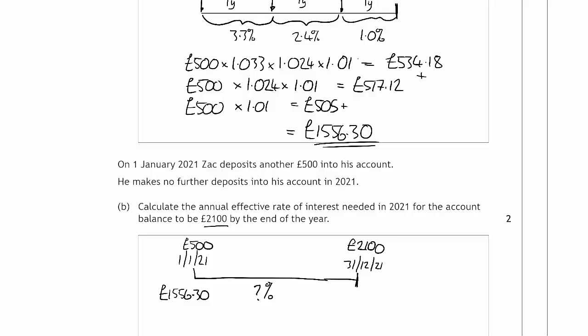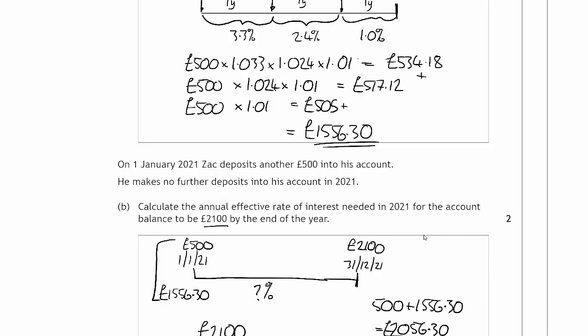So to do that, what we're going to do is we're going to have our goal. Now we're going to add these two together. Okay, so if I go, I'll just do it here, 500 plus £1,556.30. Okay, that's going to give us £2,056.30.